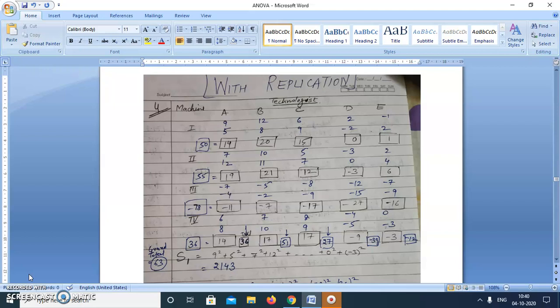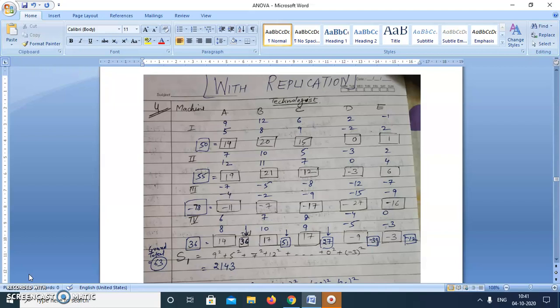5 technologists measured the count of yarn produced by each of the 4 spinning machines. Each measured 2 yarn specimens with the following results. So basically we are given that there are 5 technologists, A, B, C, D and E, and there are 4 machines. But the difference between the last question and this question is that we are given 2 readings under the category of A1, A2, A3.